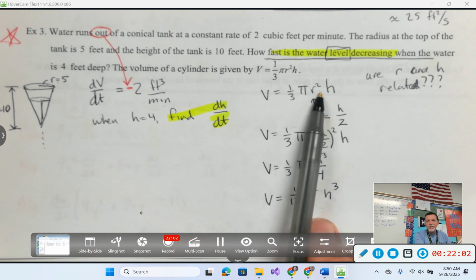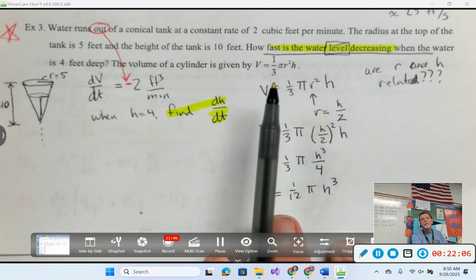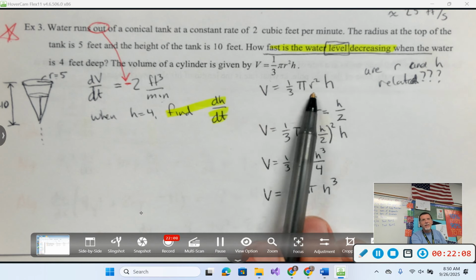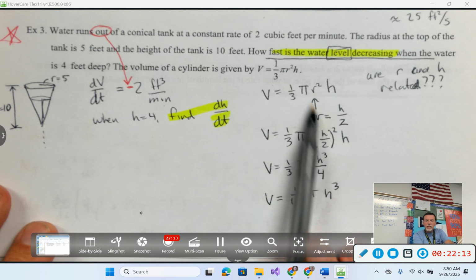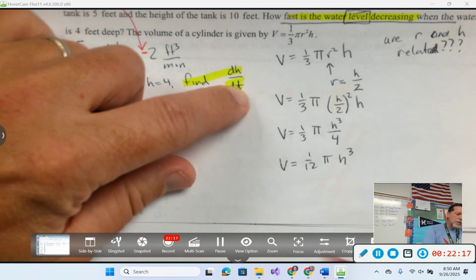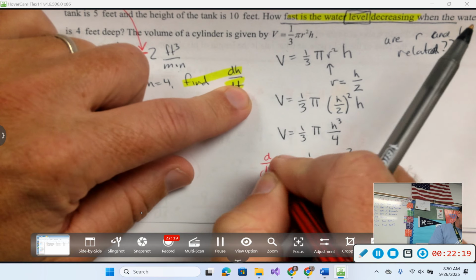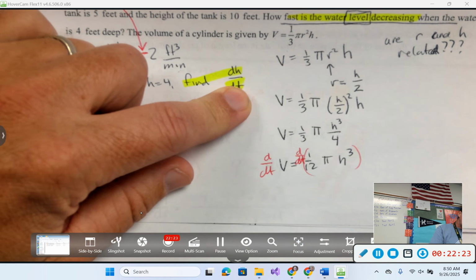We did not want to deal with the product rule and have actually three derivatives, because we would have had dV/dt, dR/dt, dH/dt. This would have been a nightmare. Once we figure out how R and H are related, now we only have one variable. So now it's much easier to take a derivative of both sides. Barrett?